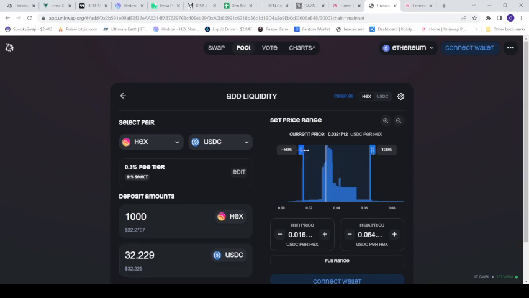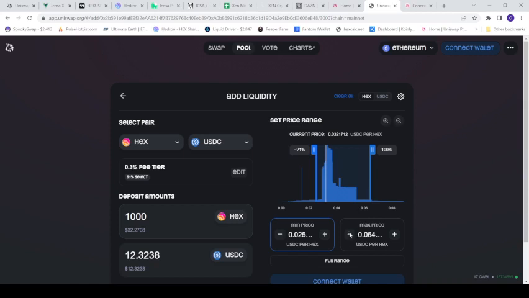So now if you start to bring these in, so now you start raising the price, your minimum liquidity range price, you see the amount of USDC that you need goes down, but the Hex stays the same. So you can make this a tight range.